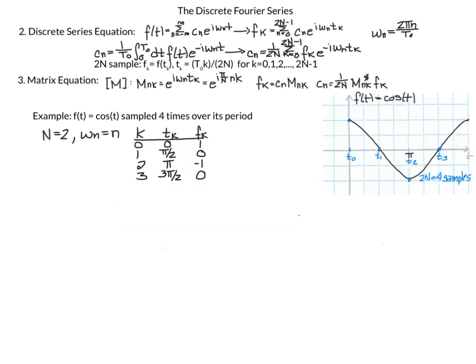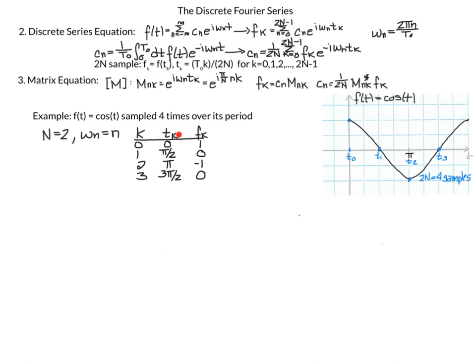As we had done for our other example, I made some notes. Our n is equal to 2 because there's 4 samples. And then omega n, if I plug it into my omega n formula, since the period is 2 pi, is simply equal to n. Then I made this table, so k, since it's sampled over 4 times, is going to be equal to 0, 1, 2, and 3, 4 values for k, starting at 0.